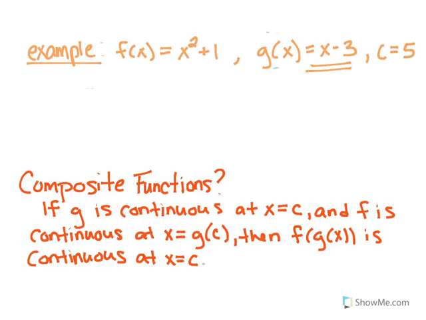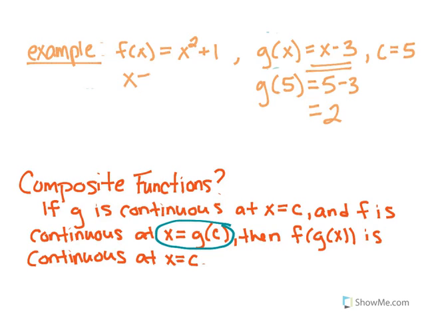Well, I haven't done that part yet, so let's go ahead and figure out what g of c actually is. So I'm going to do g of 5, which is 5 minus 3, which is equal to 2. So the x value for my f function is now going to be 2. That's what this part right here is telling you. So I'm going to use x equals 2 for this particular function.